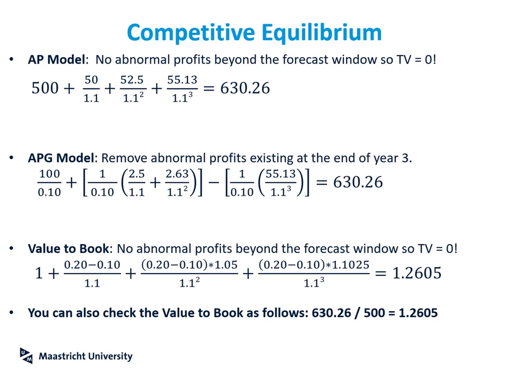And we add to that the abnormal profits that we generate over the forecast horizon. So in year 1, we will earn 50 in abnormal profits, which we need to discount for 1 year. We earn 52.5 in the year after, which we need to discount for 2 years. And we earn 55.13 in the 3rd year, which we need to discount for 3 years.